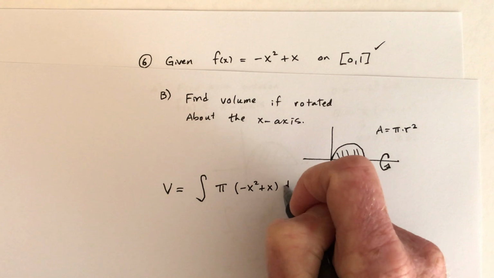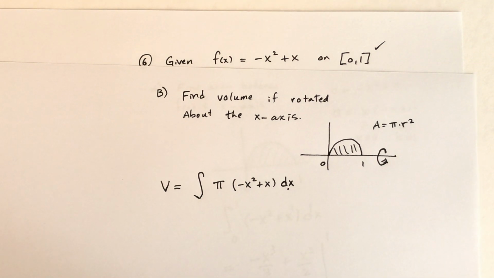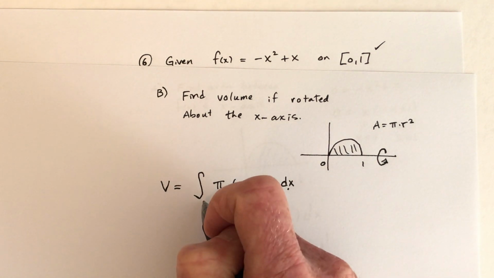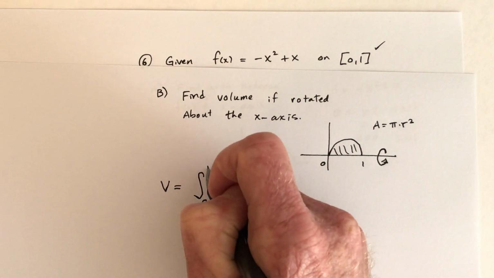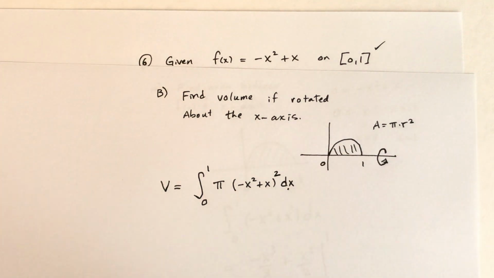If you then say times another dx, then this is an area times a length, so area would be in square feet, times another foot is now cubic feet, so this is volume. And then this is going to go from 0 to 1 like the other one. And I said pi r squared, but I didn't write the squared.